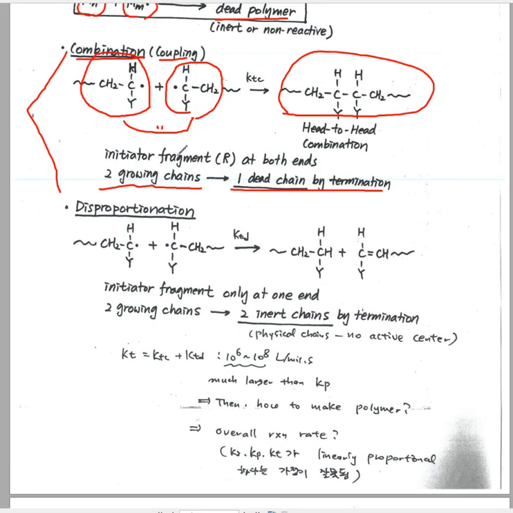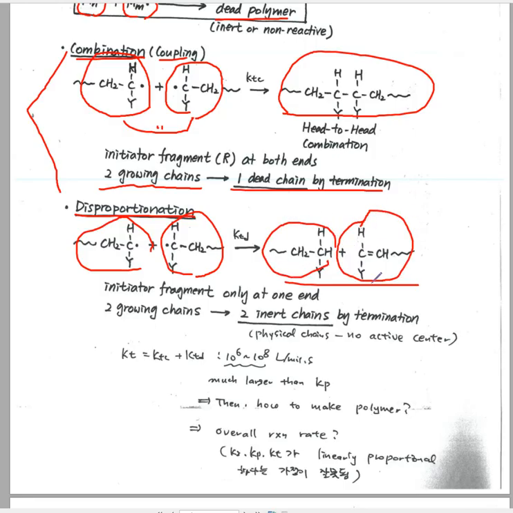On the other hand, in disproportionation, we have two of these growing chains, and they just die, but they do not connect with each other, just forming two dead chains.